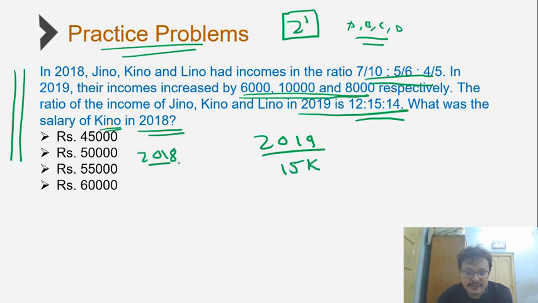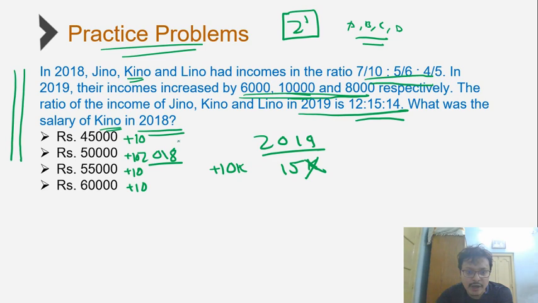And the difference from 2018 to 2019 was that you added 10,000 to get something of the form 15k. So all you do is see if I add the 10,000, which I added to Kino's figure in 2018, am I getting a multiple of 15.